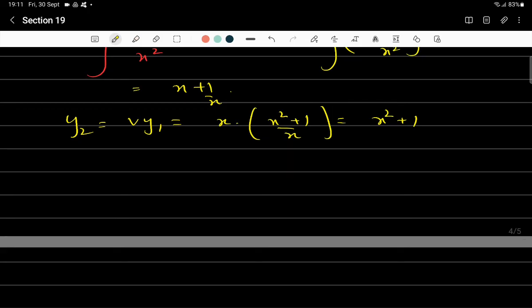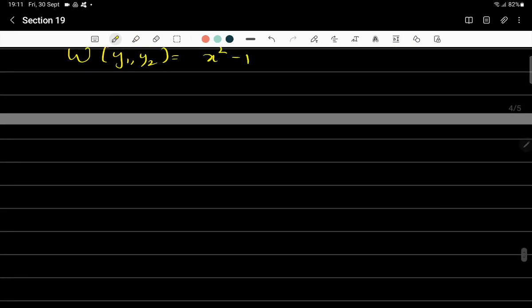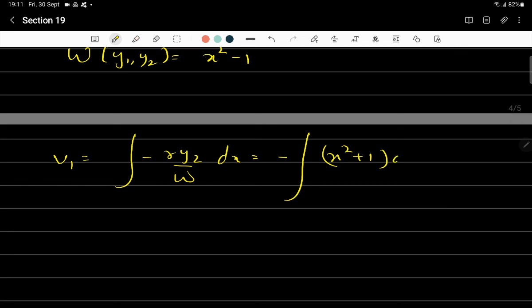So now you have computed y1 and y2. Now using the method of variation of parameter, I must compute yp. So for yp, the first thing is the Wronskian. I am not going into the detail, but if you compute it, then it comes out to be x square minus 1. v1 is minus integration of r y2 by w dx. If you simplify it, then it turns out to be minus x square plus 1.